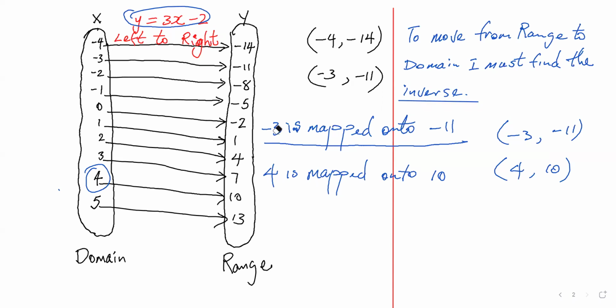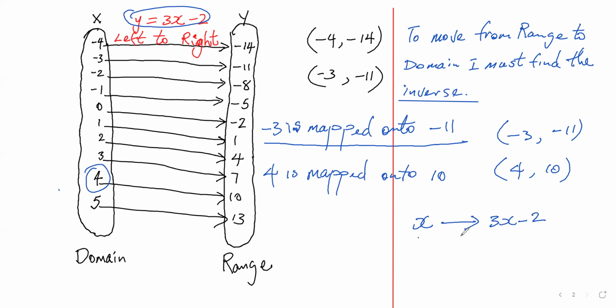To show this, how are they mapped? We say x is mapped onto y by using 3x minus 2.